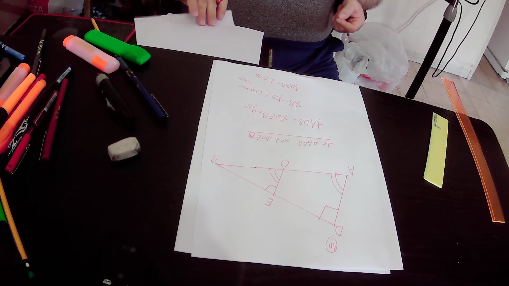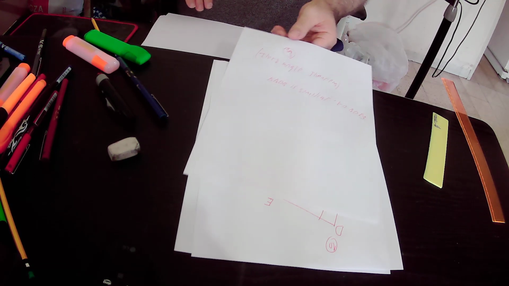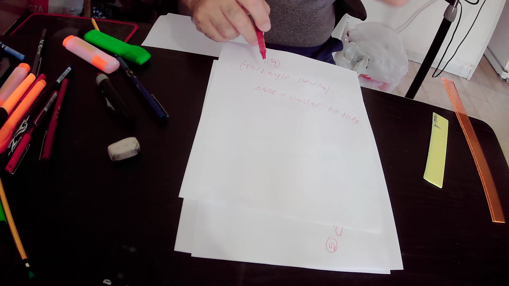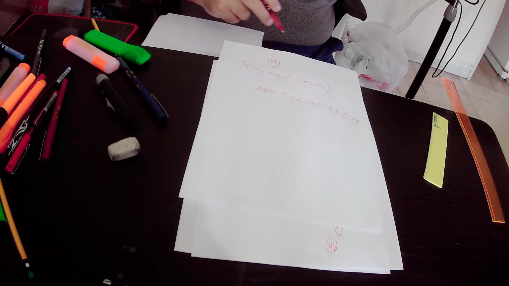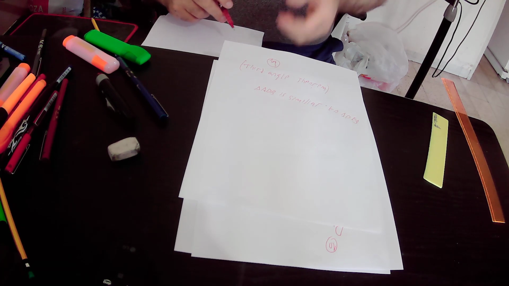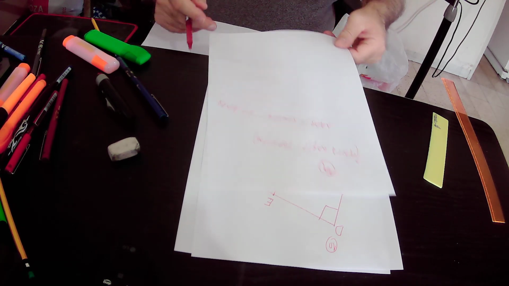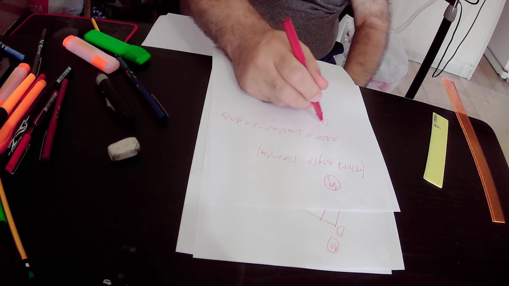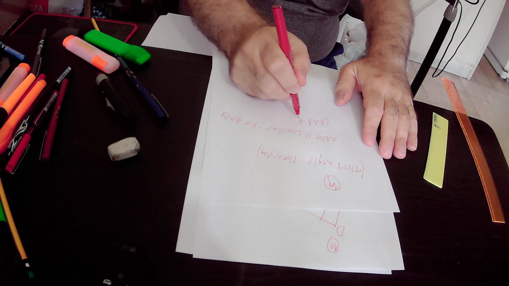Okay, therefore, the big triangle, triangle ADB, is similar to the small triangle, triangle OEB, according to the angle, angle, angle rule.